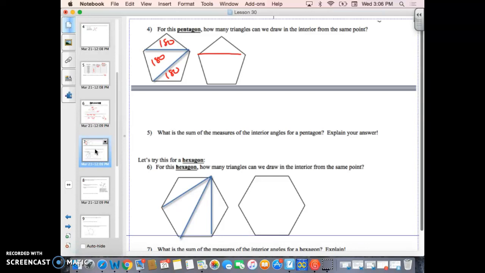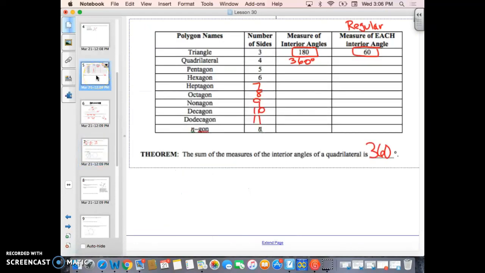I could also cut it this way, and I still have 180. So this one's 180 times 3, so 540 degrees. Right, so let's go back to our chart for a pentagon. It has 540.